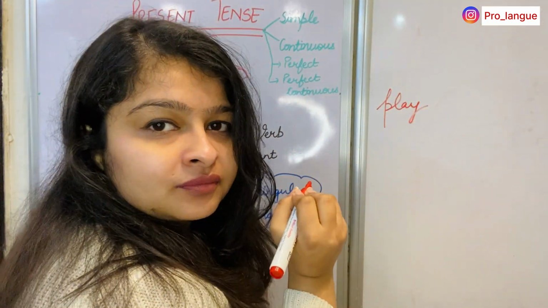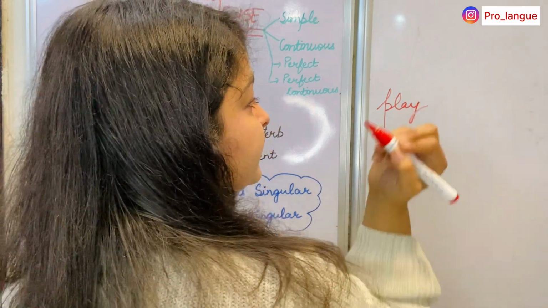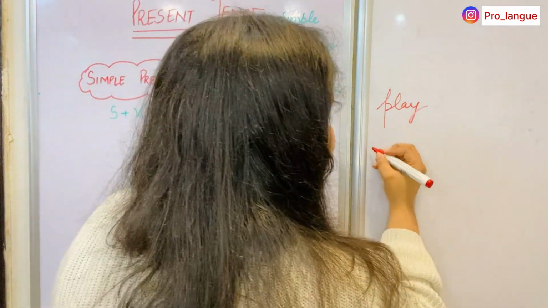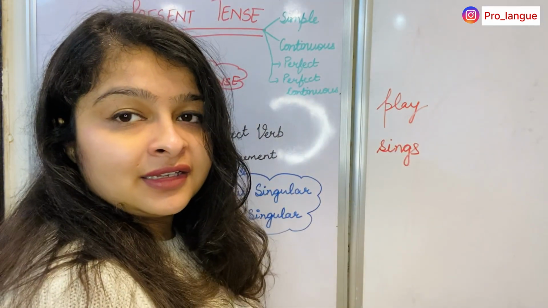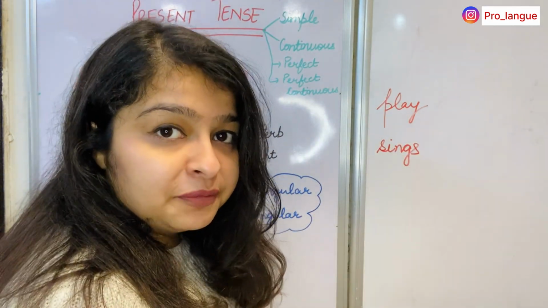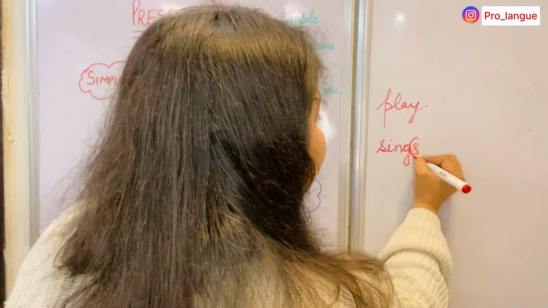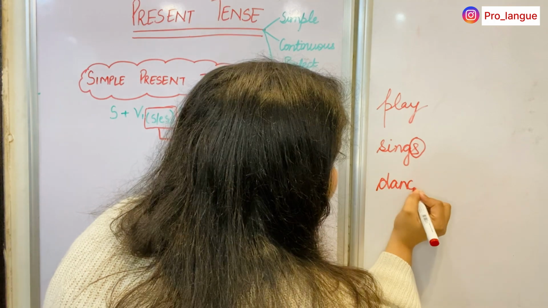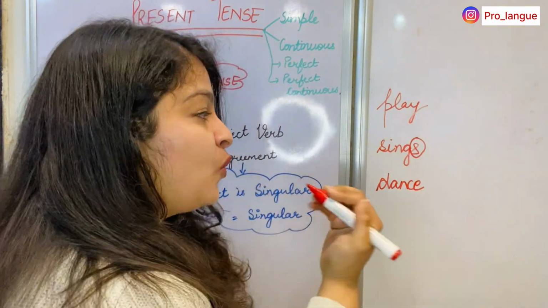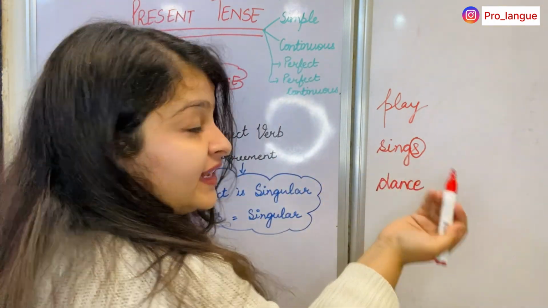Play. Plural. Why? Because there is no s or es. Sings. Sings is singular because it is having s. Then dance, once again plural because no s or es.